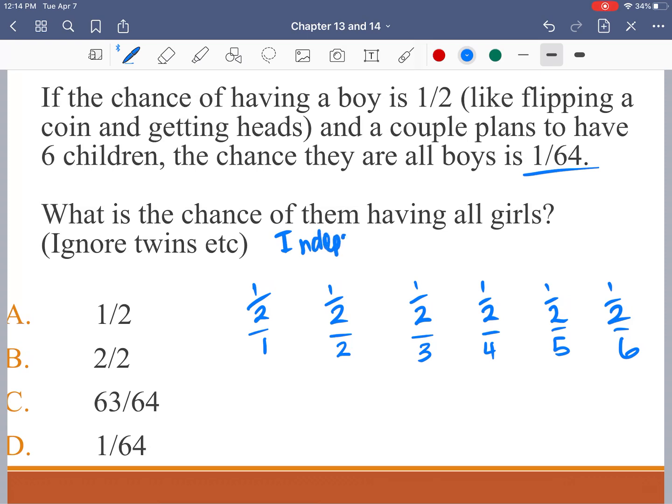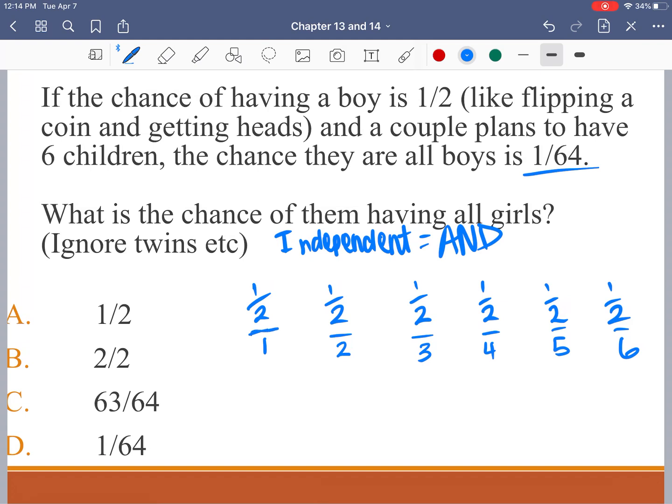This is independent. The second baby's gender is independent of the first baby's gender. There's no memory, is how you can think of it, of what the first baby is, so it's not going to make an influence on what the second baby is.